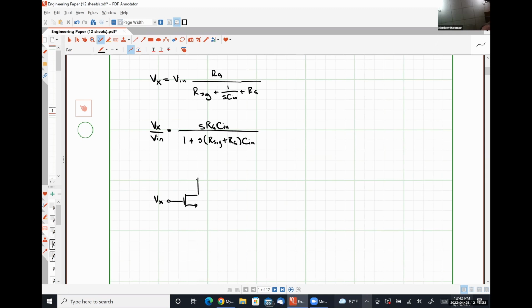My drain is tied directly to AC ground. Here I have my resistance RS. Here I have my capacitance C out. And this is my voltage V out.